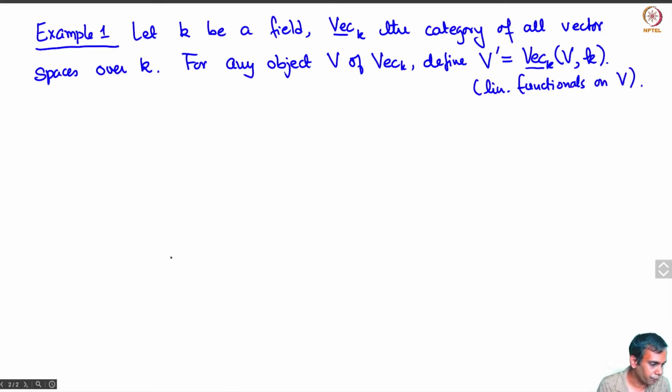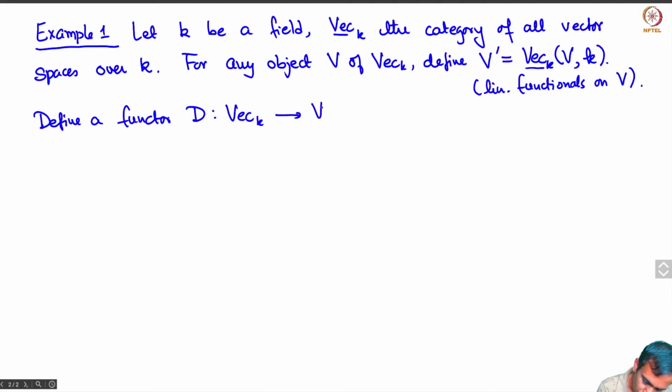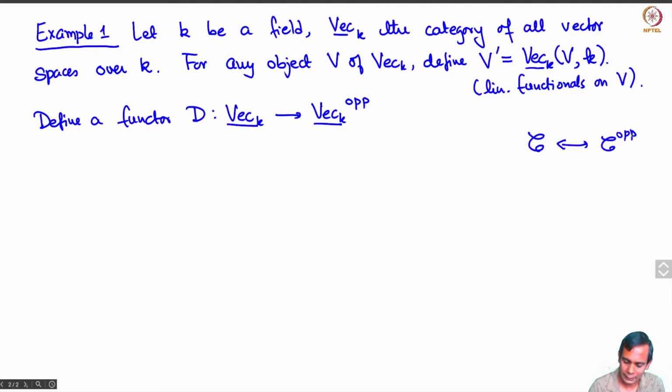Now I'll define a functor which I'll denote D from Vec_K to Vec_K op. So let me remind you, if you have a category C, you also have a category C op associated to it, which is called the opposite category.